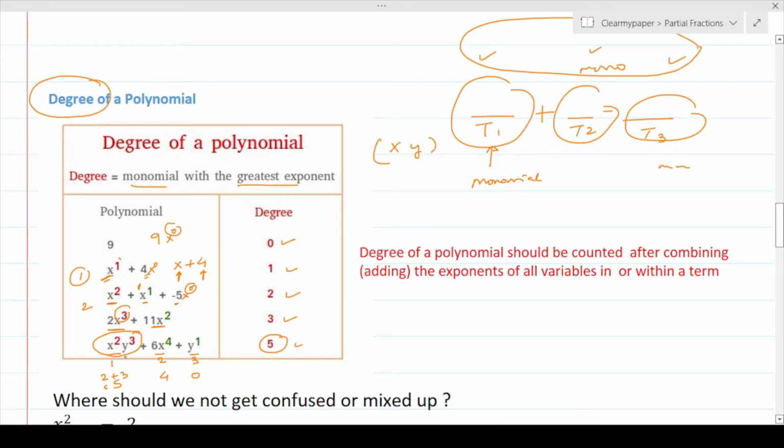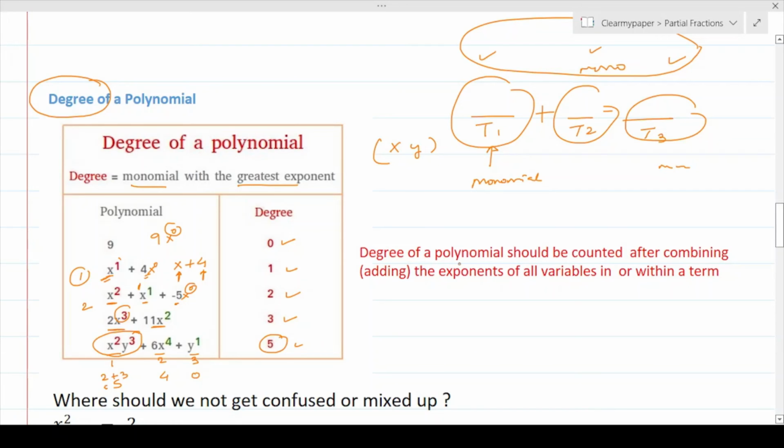So the trick is, if there are multiple variables within a single term, then you have to add the exponents because we need the highest exponent of the term as a whole. Then we'll find it for each of the terms, and then whatever is the highest of all of them will be the degree of the polynomial, and that's what I've written here in red.